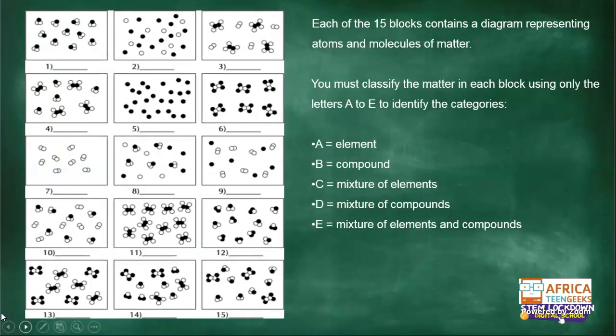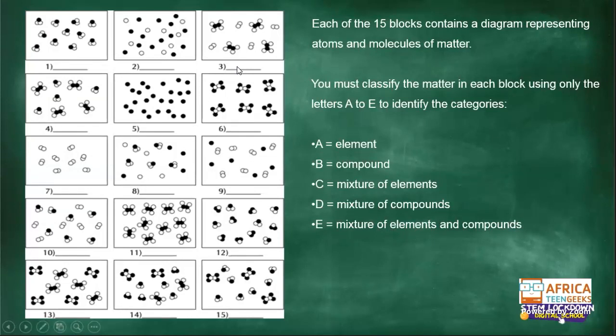So you're going to look at the sheet here, and I want you to classify each of the atoms and molecules in the picture on the left-hand side, and categorize it into A, B, C, D, or E. You can either raise your hand, my host will unmute you, or you can type it in the chat, and let's see if you guys are correct or not.